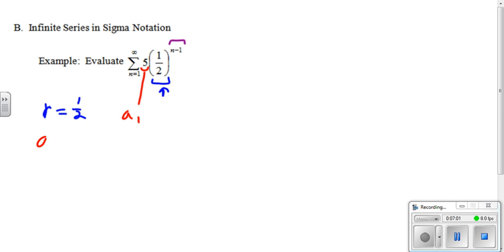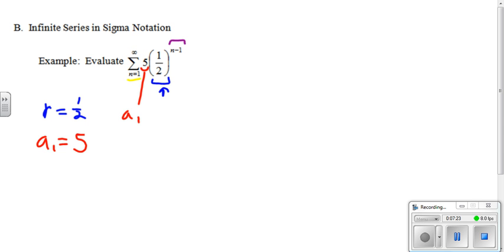So we would say a sub 1 equals 5 in this case. And again, our sigma notation lets us know we start at our first value, go all the way to infinity. That's how we know it's an infinite sum, because we're continuing on to this value up here, infinity.